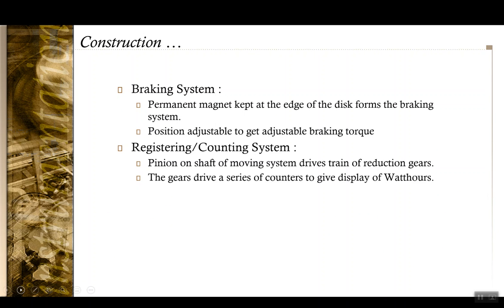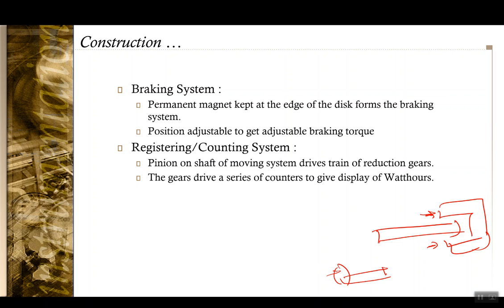Okay, the braking system would consist of a permanent magnet kept at the edge of this disc. This position is adjustable so that the braking torque can be increased or decreased as per requirement. Of course, the registering or counting mechanism would be a set of gears connected to a display mechanism that will eventually display the amount of energy being consumed in watt hours.